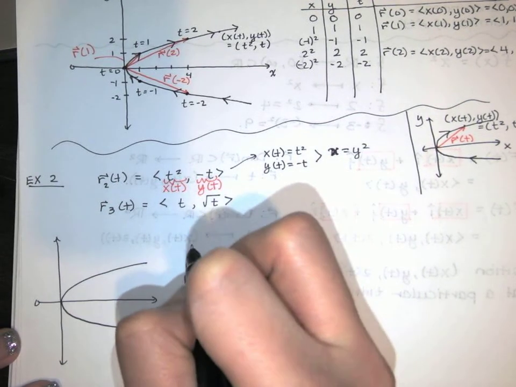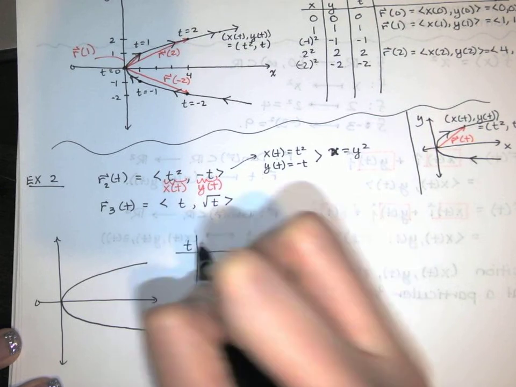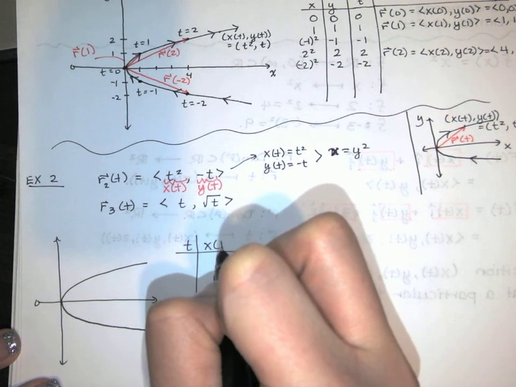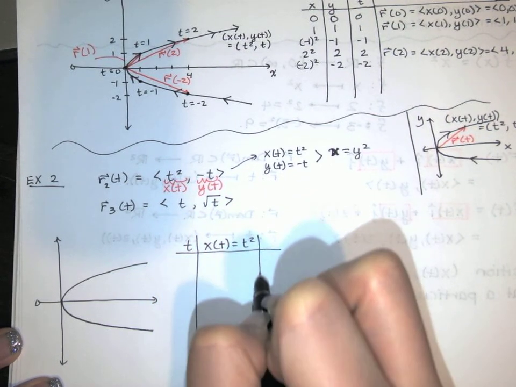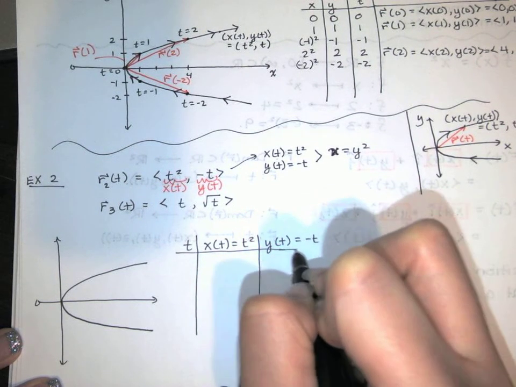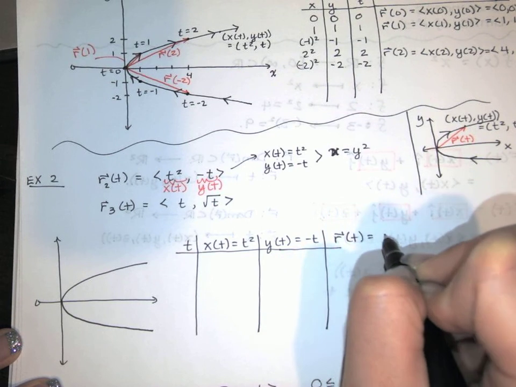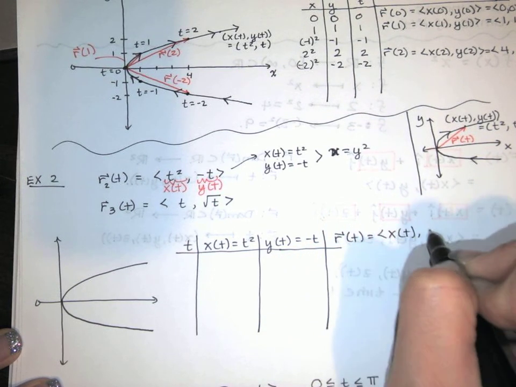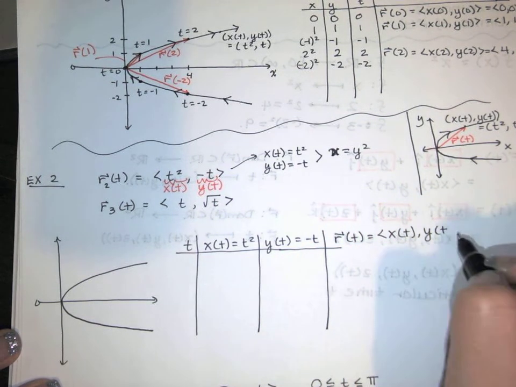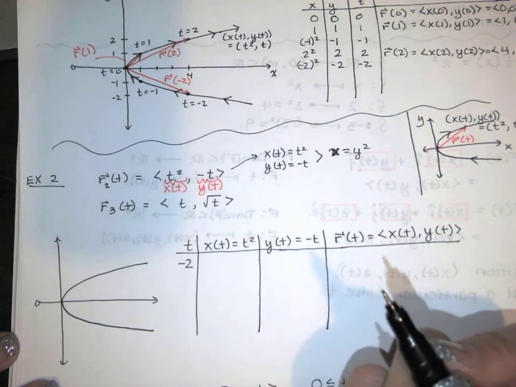But this time, for r2 of t, let's plot some points. We'll do t, and then we'll see what x of t is. We'll look at what y of t is. And then we'll look at the vector r of t. So let's put in t equals negative 2.